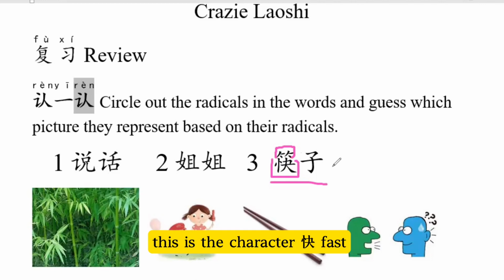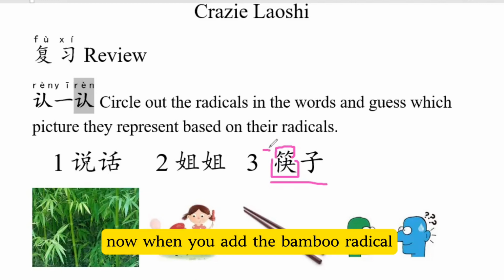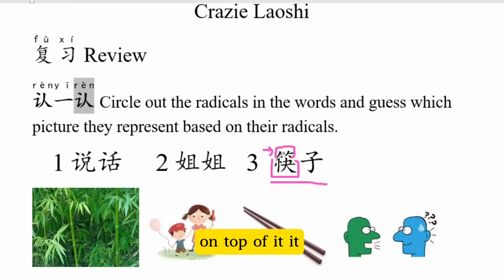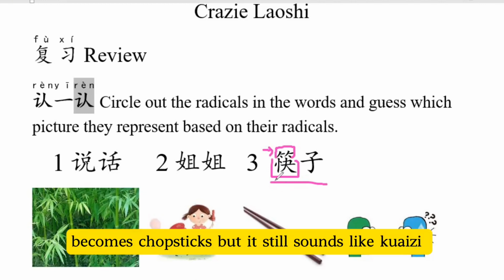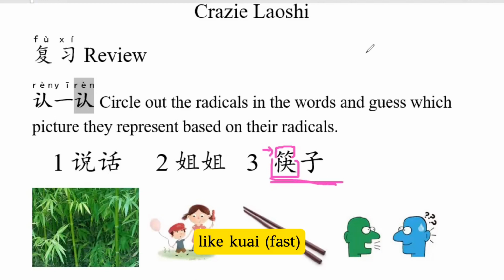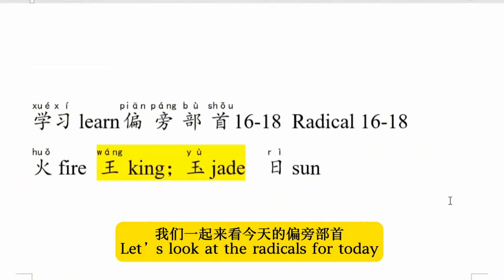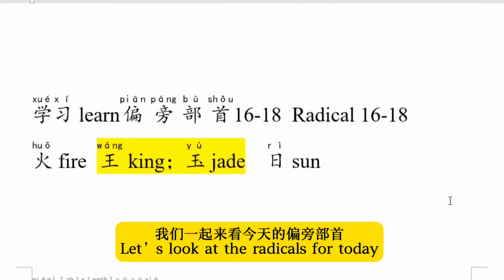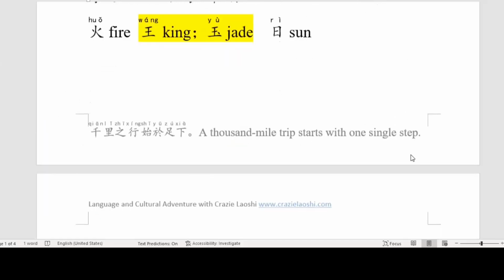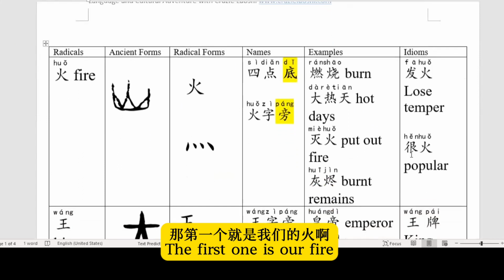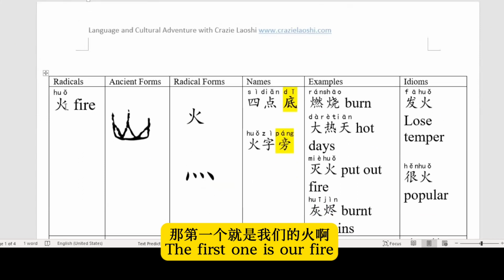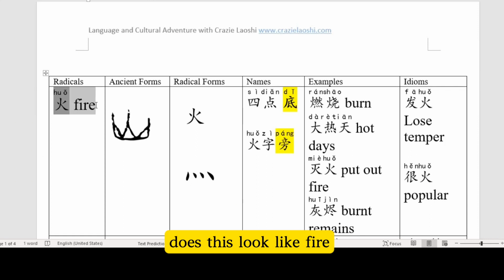So this is the character 快, like fast. Now when you add the bamboo radical on top of it, it becomes chopsticks, but it still sounds like 筷子, like 快. Okay?